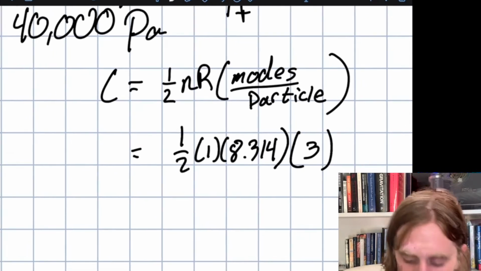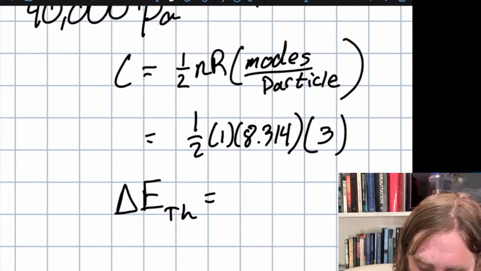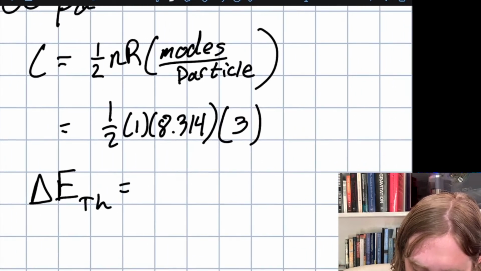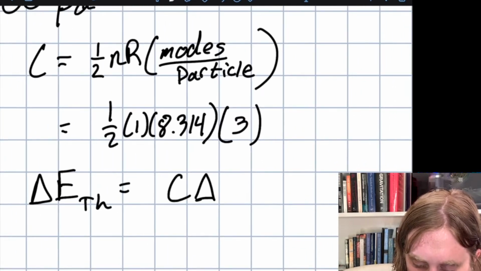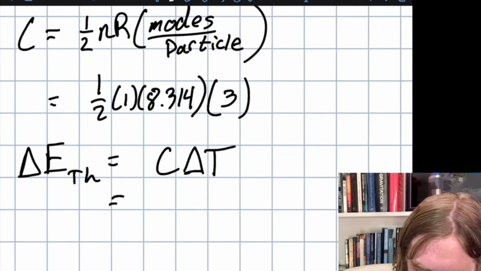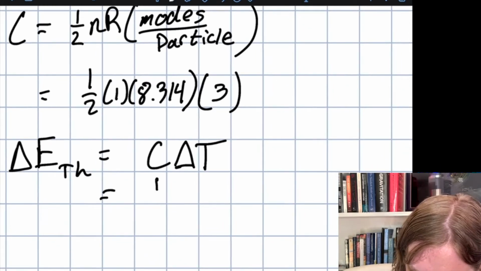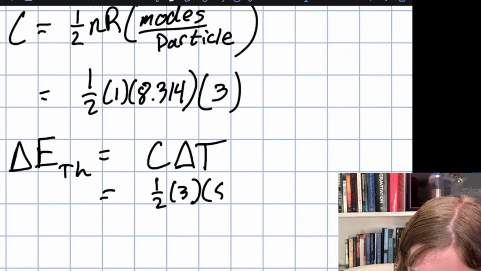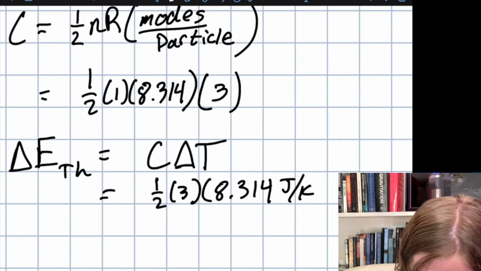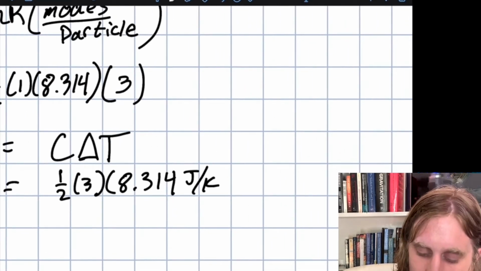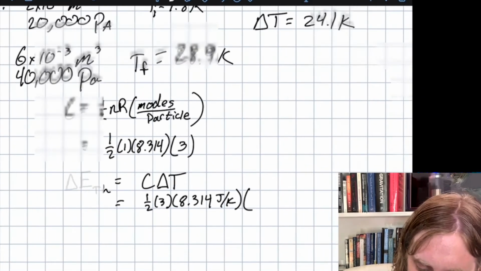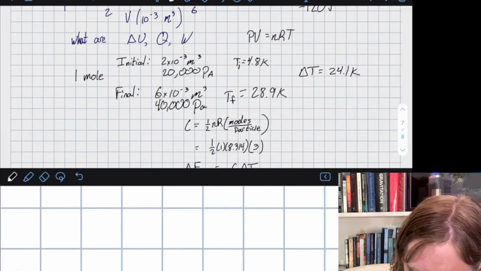We know that the change in thermal energy is just equal to the total heat capacity C times the change in temperature, and this is equal to 1/2 times 3 times 8.314 joules per Kelvin, because that is the units of the ideal gas constant, times the change in temperature, which we just calculated is 24.1 Kelvin.